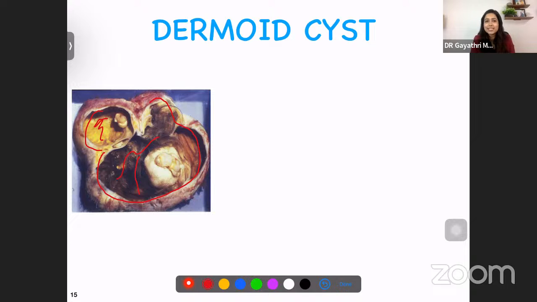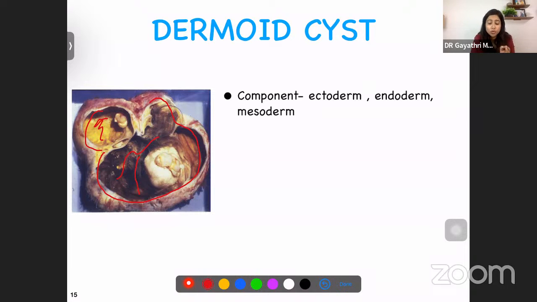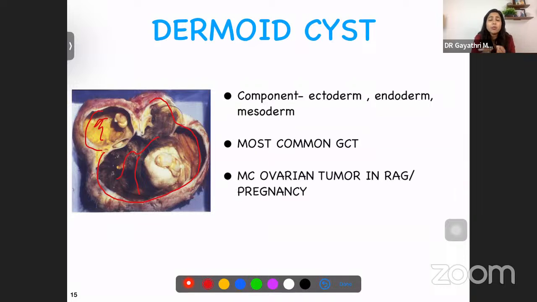Some of the one-liners seen with dermoid: this cyst is the most common GCT, or germ cell tumor. Among all the germ cell tumors, the most common GCT, and this is the most common tumor seen in pregnancy as well as the reproductive age group. The most common tumor overall, if I take all the age groups, is going to be the epithelial ovarian tumors, and among that, the serous type.